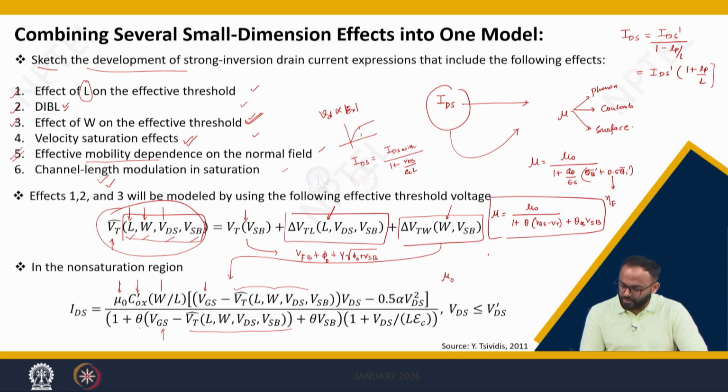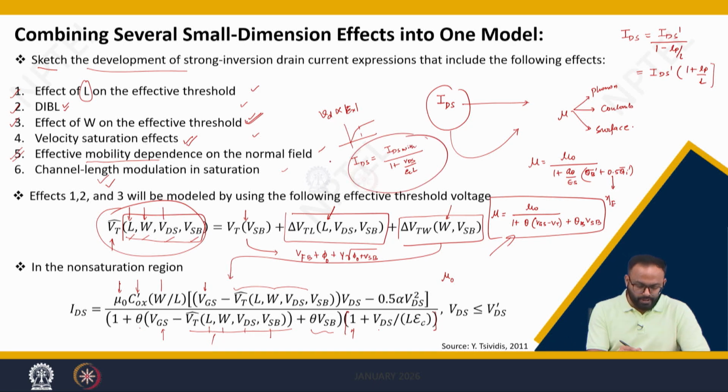So 1 plus theta into VGS minus effective VT, which is a function of L, W, VDS and VSB, plus theta B times VSB, into, we are also including the effect of carrier velocity saturation, which is nothing but 1 plus VDS divided by L into EC. That is what we have written here. So ultimately we have included effects 1, 2, 3, 4 and 5.